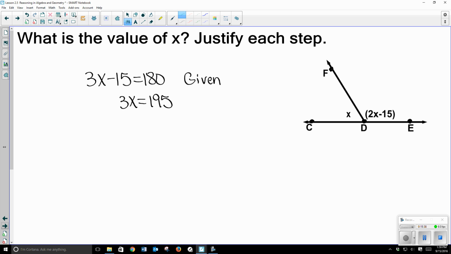What property allows us to add 15 to both sides? We're adding 15 to both sides. Addition property. See, the addition, subtraction, multiplication, division properties should be easy because it's what you're doing. If you're adding to both sides, then it's the addition property.